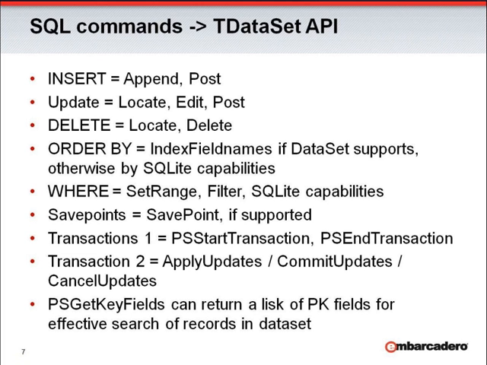Let's consider the order by expression. It is translated or mapped into index field names if the dataset supports such functionality. Otherwise, the capabilities of the SQLite engine are used.